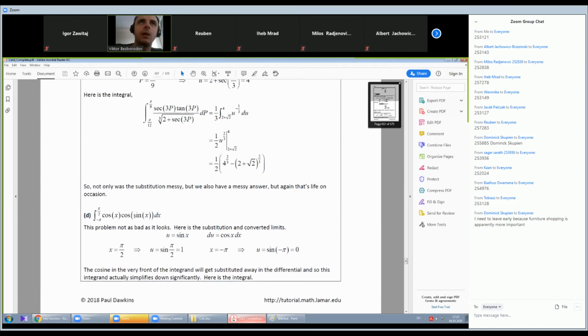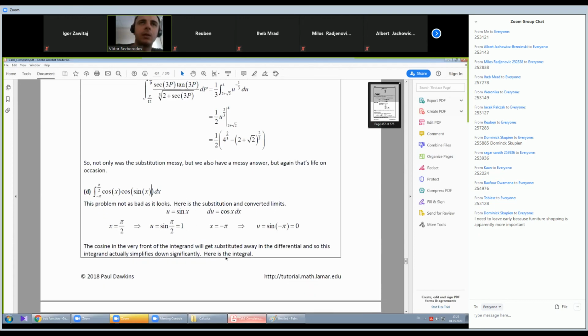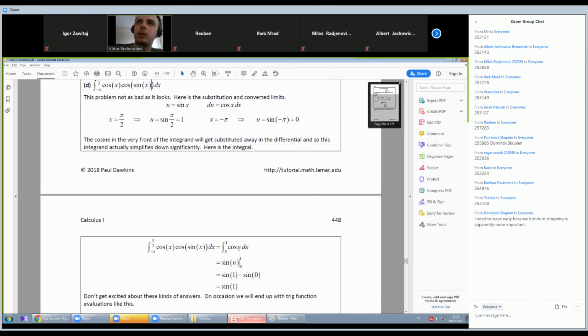Okay, and here we have cosine of sine, right? So if we take sine as a new variable, its derivative is going to be cosine, which is also here. So this is very convenient. And this all turns out to be just like this, right?